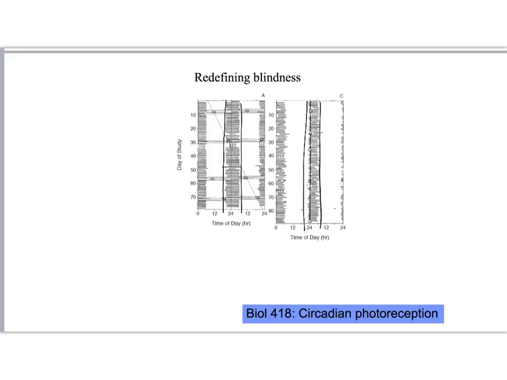But in one case, you see that the entrainment of one of the patients is not as good as in the other. And the way you know this is because every once in a while, you take them into the lab and you take their melatonin minimums or temperature minimums, and you can tell what the real phase of these patients is in their circadian system.